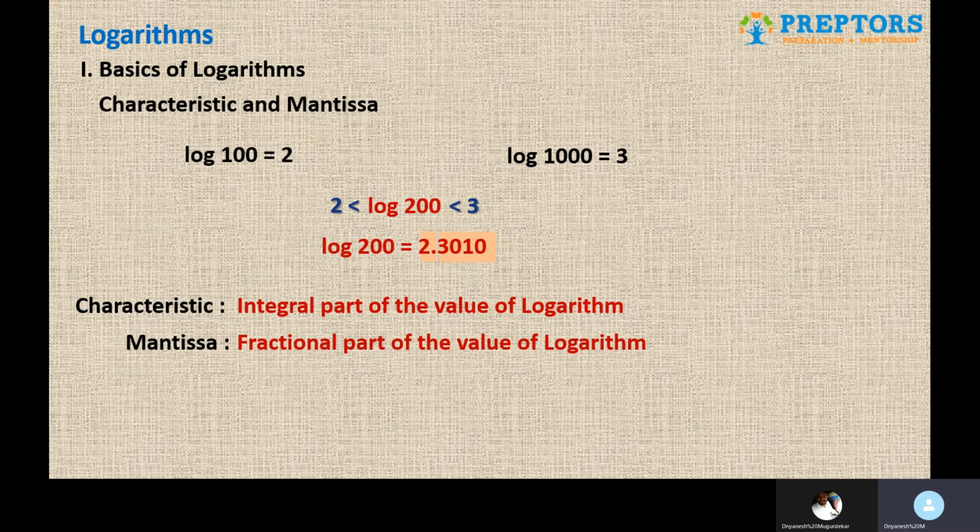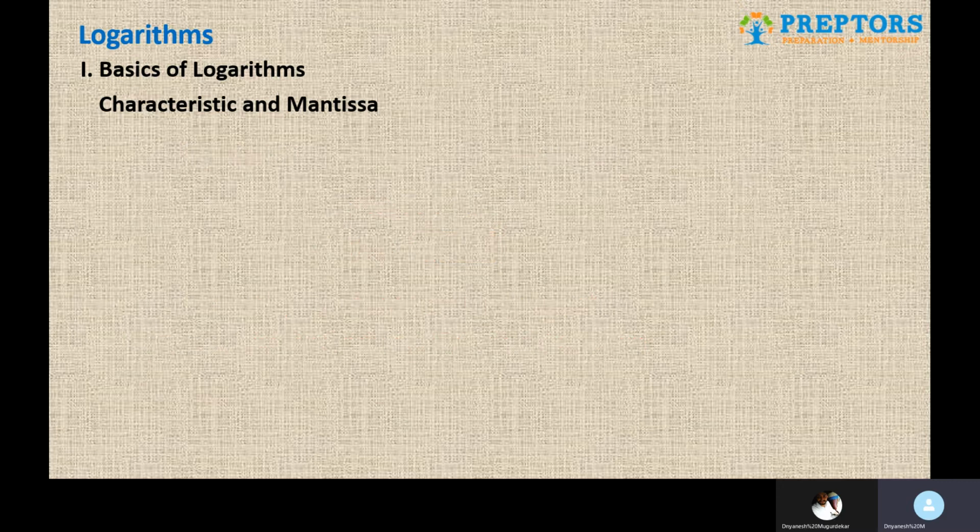That's the only idea that you need to know apart from characteristics and mantissa. What are they? How do we calculate them? Then let's do a few examples. Suppose log 500 is 2.6990. Characteristic becomes 2 and mantissa becomes the decimal part, which is 0.6990.